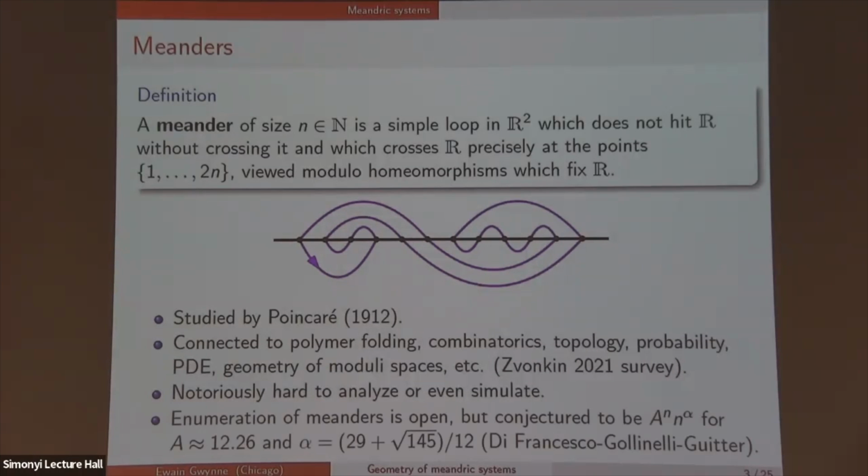Nevertheless, there is a conjecture for the enumeration of meanders, which comes from the physics literature, work by Di Francesco, Golinelli, and Guitter. They conjecture that the number of meanders of size n should grow like A^n times n^alpha, where A is about 12 and alpha is this crazy looking explicit number here. I'll say a little bit more about this conjecture momentarily, but proving it is still wide open. There's not very much known rigorously about this enumeration problem.